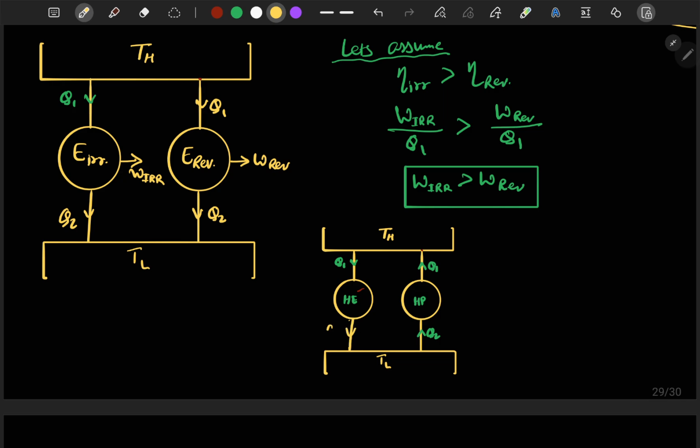Let's say the heat engine is receiving heat Q1 from the higher source and releasing heat QL to the lower temperature source, making an output of work done irreversible. This heat engine is irreversible and this heat pump is reversible.